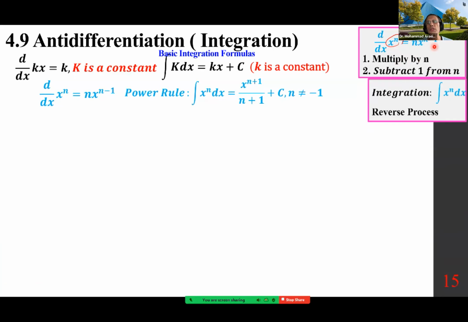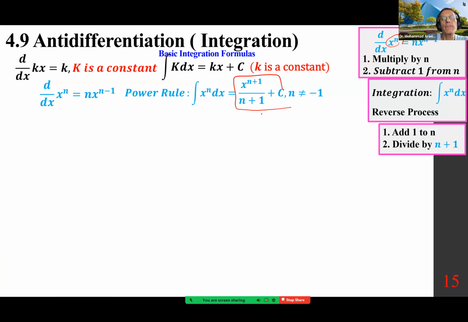However, if you take the derivative of this side, let me rewrite it in this format. Let's even write the plus c.